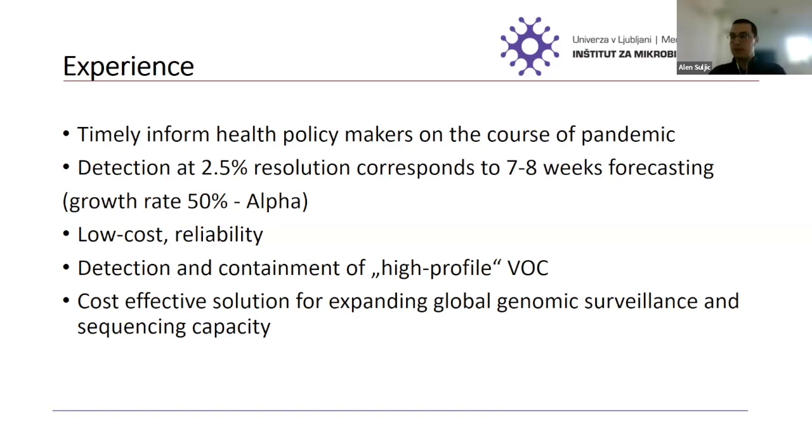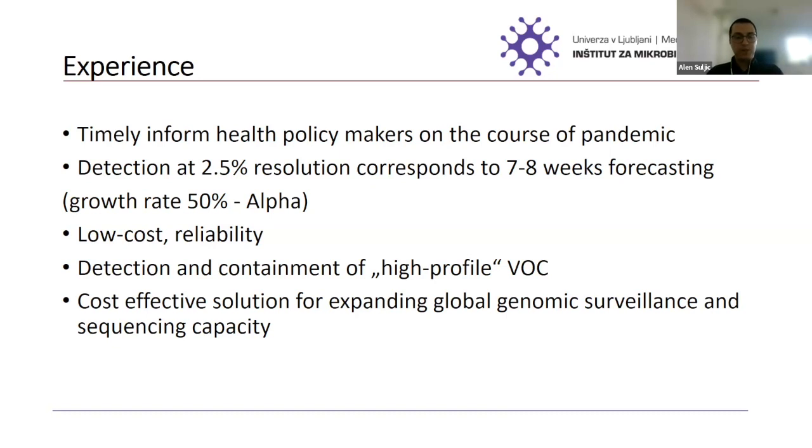We show that pooling allows scaling up of surveillance efforts, especially in situations where rapid characterization is required in large outbreaks, or in countries or settings with limited sequencing resources.